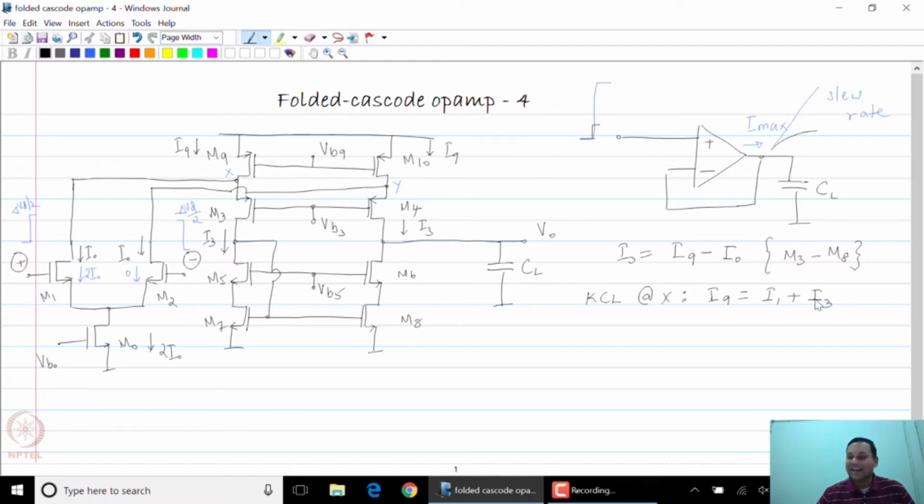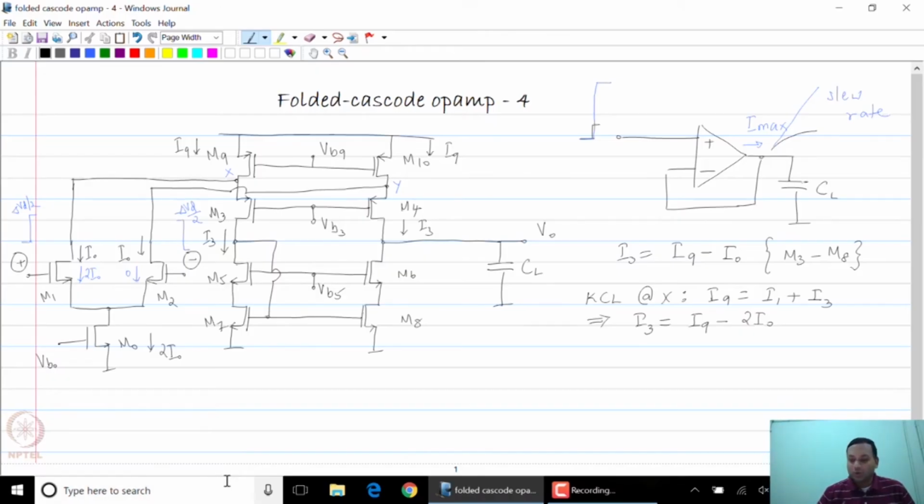In other words, ID9 is equal to ID1 plus ID3. Now I9 of course is fixed, and the current entering M3, ID3, is equal to I9 minus 2I0, because I0 happens to be the original bias current through M1 and M2. Now all of this total bias current 2I0 flows through M1.